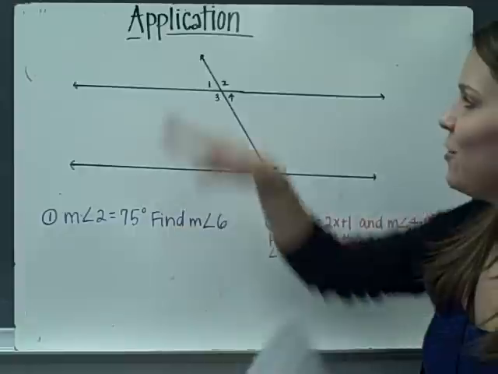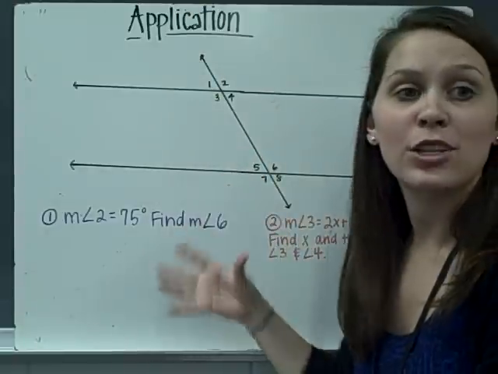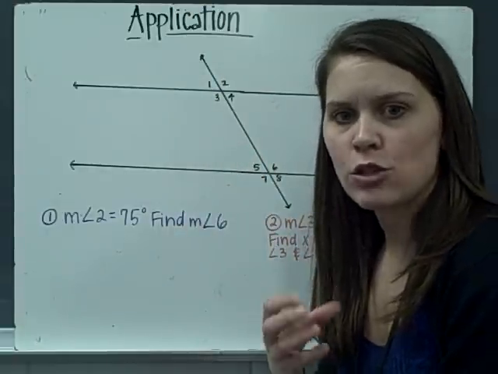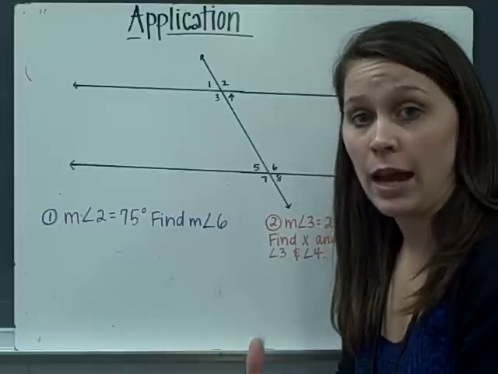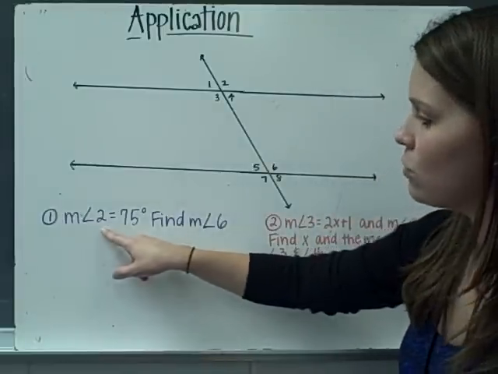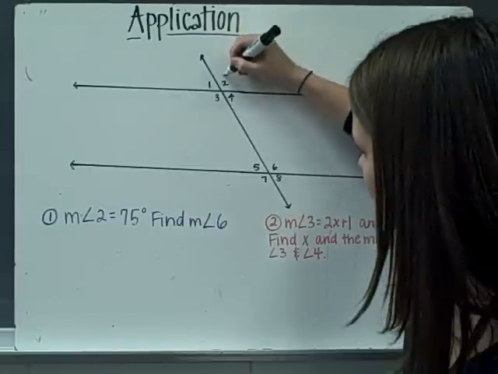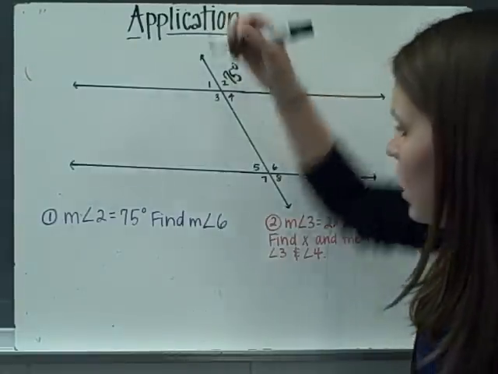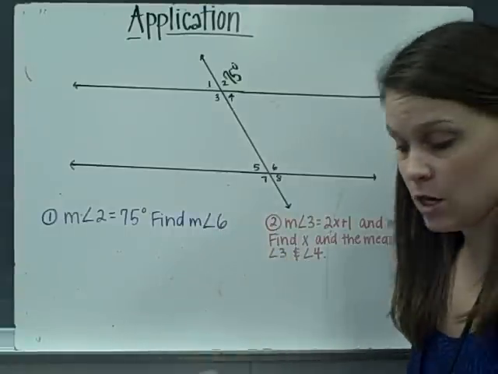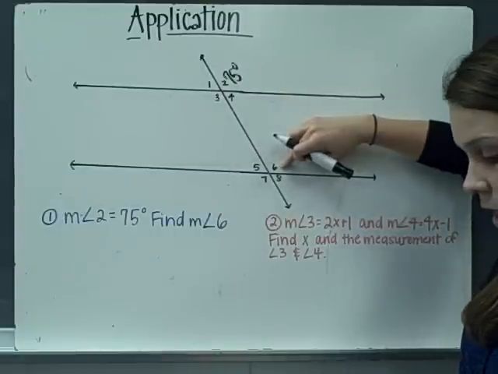It's all right. We're going to take this and do an application problem. So now we're going to put values to these angles and find missing ones that we might not know. So we have that angle 2 is 75 degrees. So this is 75 degrees. They want us to find angle 6. So angle 6 is located here.